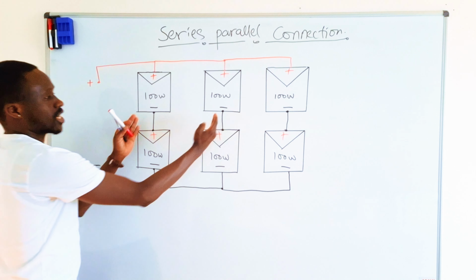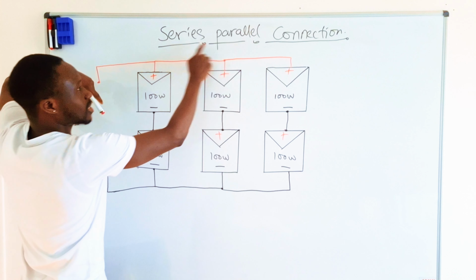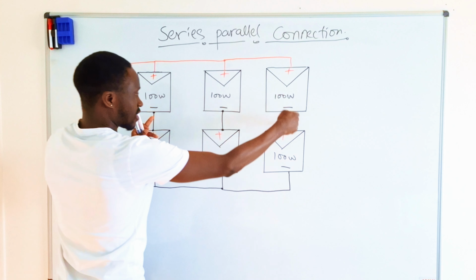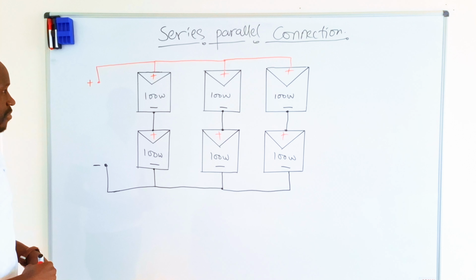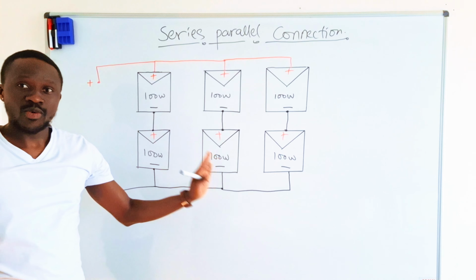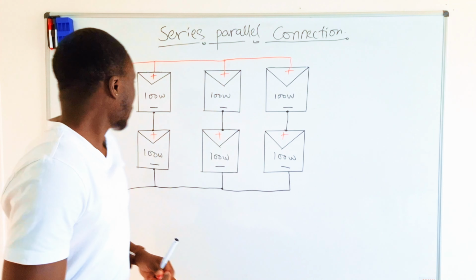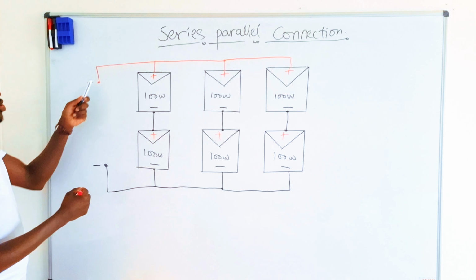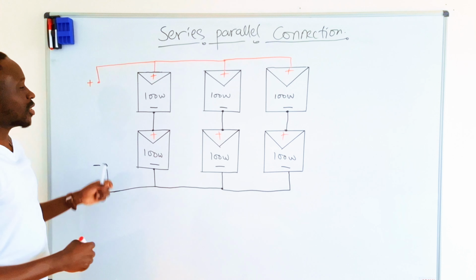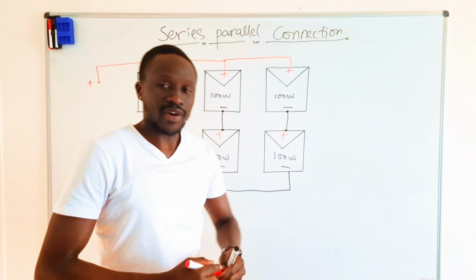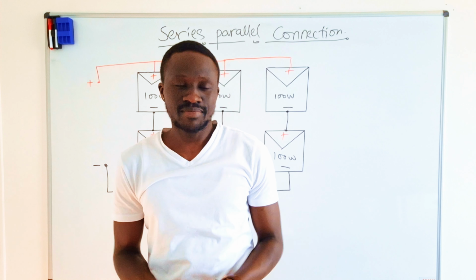And this is a series parallel connection. This is how we connect solar panels in a series parallel connection, and here we shall have our output. This output will be enough for our system to work in our homes.